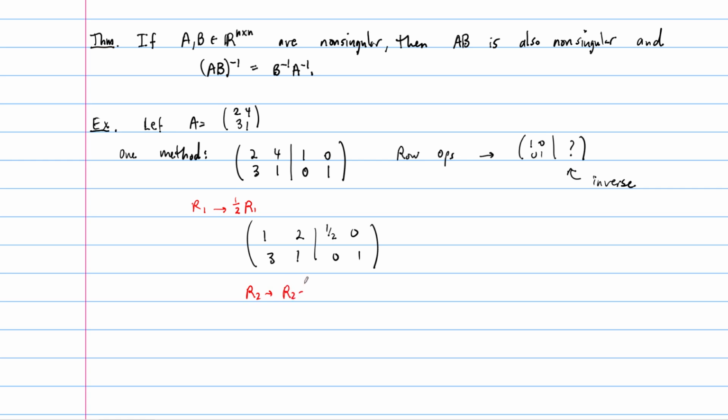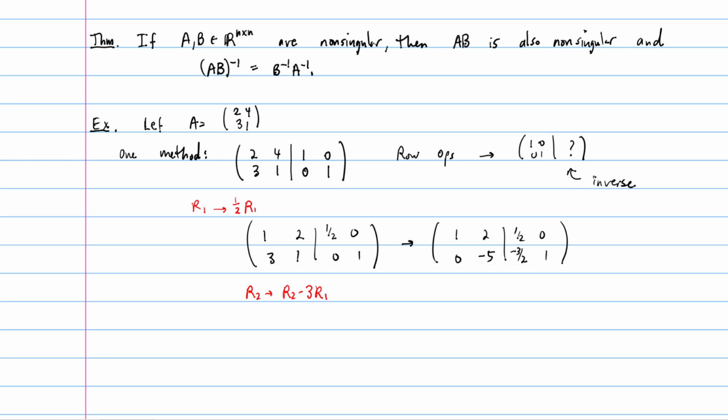Row 2 minus 3 times row 1. So row 1 is going to stay the same, right? Row 2 is going to be now 0, this 1 minus 3 times 2 is -5, 0 minus 3 over 2, so -3/2, and then 1 minus 0.